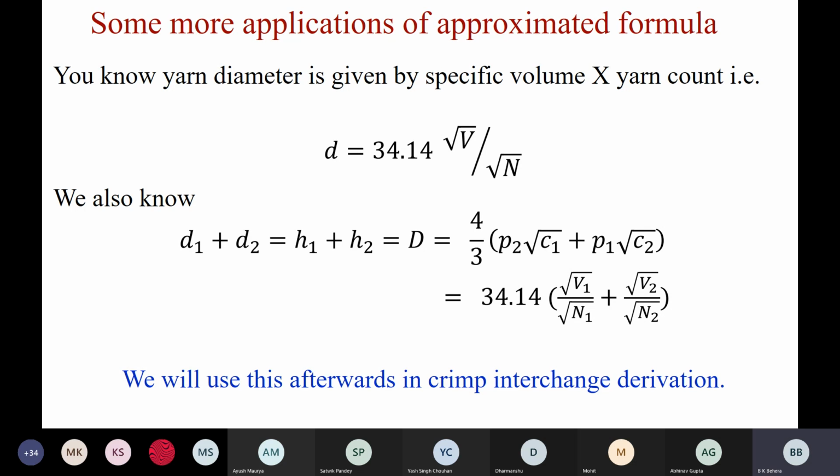The very basic equation of diameter, which all of you know, D is equal to 1 upon 28 under root count. Everybody knows in textile. And in two groups of tutorial class, I have given another equation.